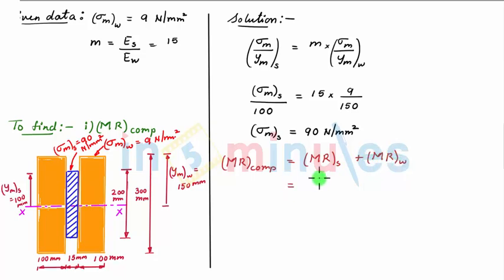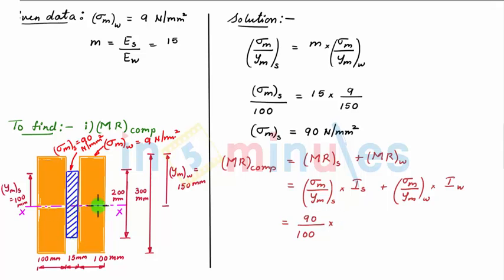So this is equal to sigma max upon y max of steel into the moment of inertia of steel about the centroidal axis of the composite section, plus sigma max upon y max of wood into the moment of inertia of the wood part of the section about the centroidal axis of the composite section, I W. Upon substituting the values, we get sigma max of steel is 90 Newton per mm square upon y max is 100 mm, into I of steel, which will be given as BD cube by 12, where B is 15 and D is 200 mm, so 200 cube by 12, plus sigma max of wood is 9 Newton per mm square and y max is 150 mm.